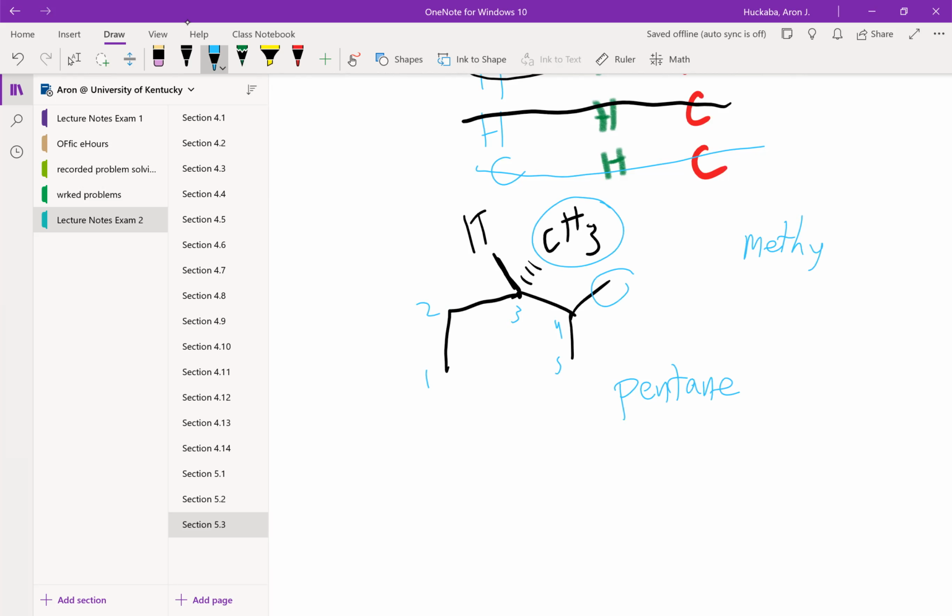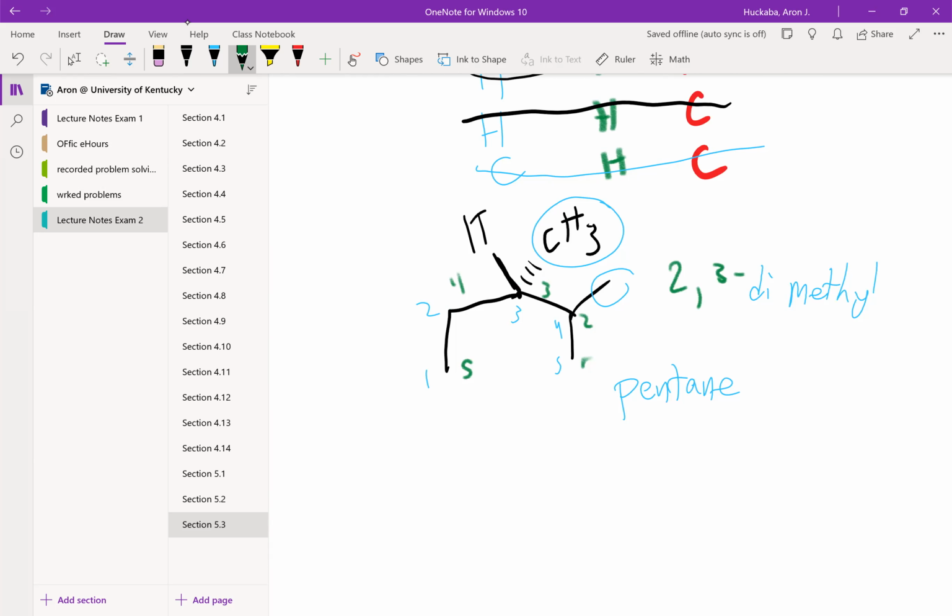And there are 2 of them, so that'll eventually be dimethyl. And we need to identify the locant, or the location of each substituent, which means that here we have either 3, 4, or 2, 3. And I think we need to choose 2, 3 because we need the lowest number, 2, 3 dimethyl.